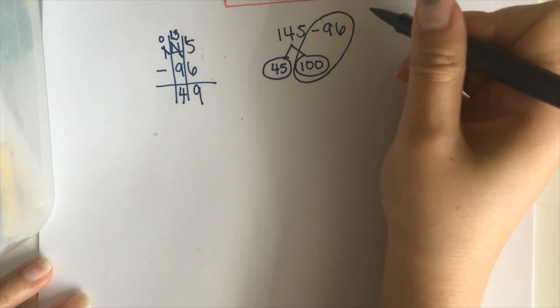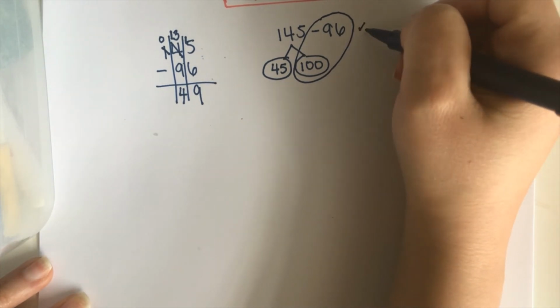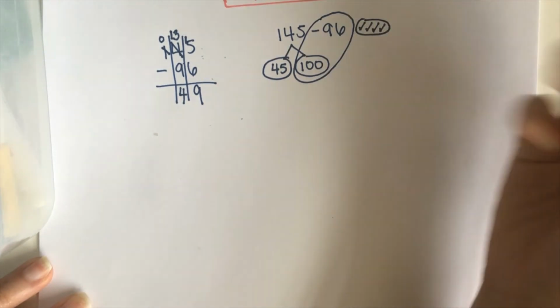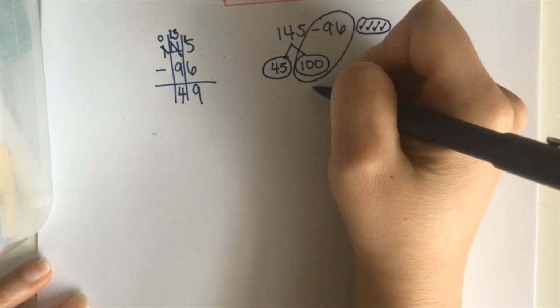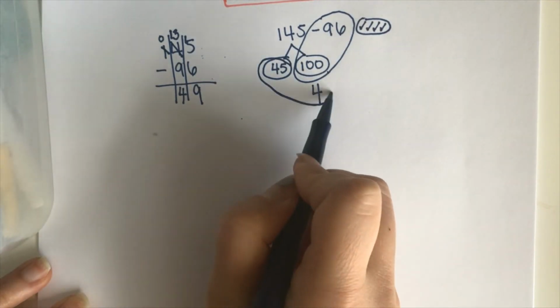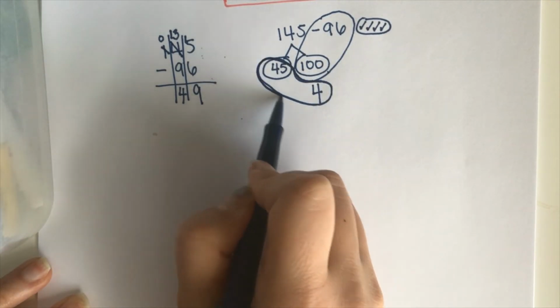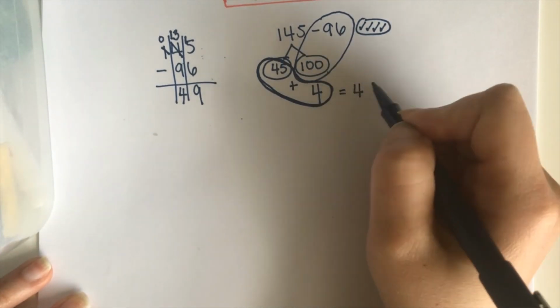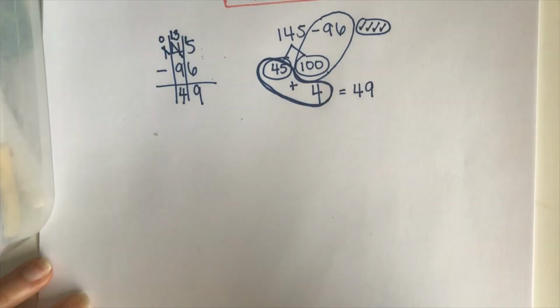I can actually count up. 96, 97, 98, 99, 100. I needed 4 more to get to 100. So 100 minus 96 is 4. And something really cool you can do is, I remember I showed you this little kidney bean where you make it into a bean, but you add these 2 together, and that gives you 49. Ta-da!